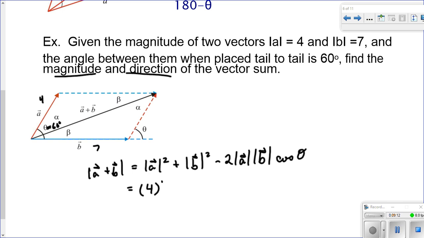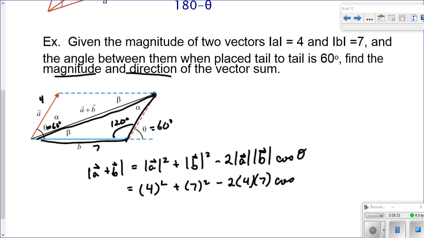I've got 4, 7, and then the cos of, now this is a little different. It's this angle 60, but in my triangle it's this angle that I'm interested in, because this is my triangle I'm using the cosine law on. So it's the cos of 120.